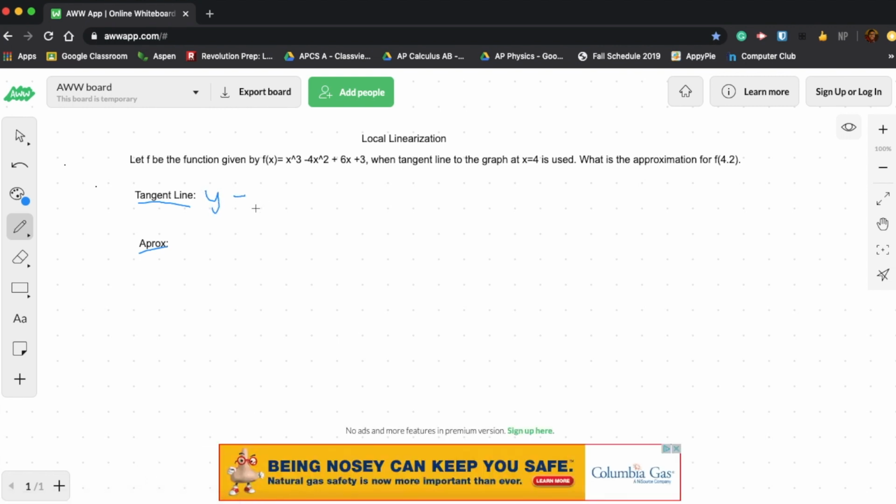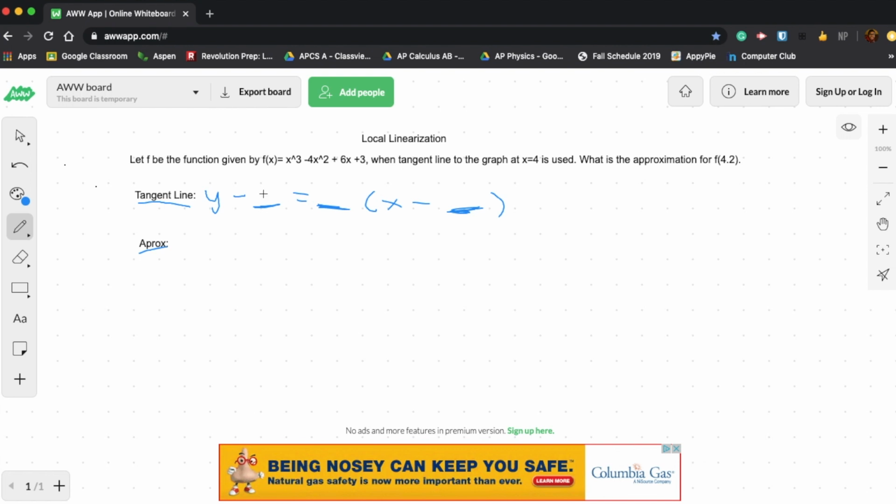So it's y minus some y value equals m, also known as your slope, times x minus some x value. To solve for the tangent line, you basically need to find all these points. And then for the approximation, you essentially plug in 4.2 for this x value.